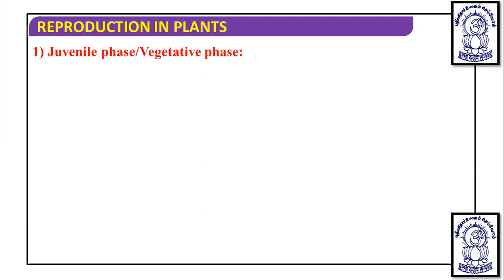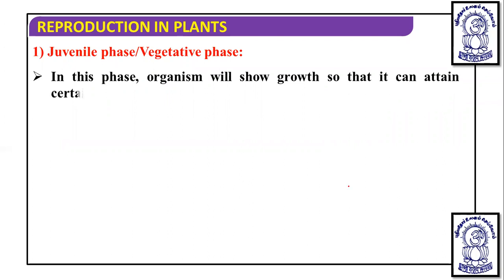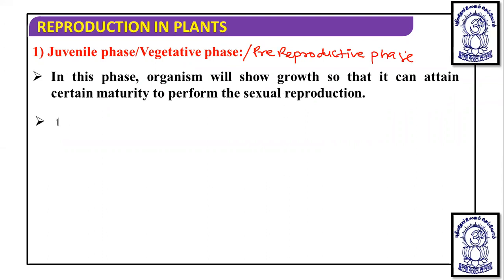Now, when we talk about the juvenile phase, this is the vegetative phase as well, or we can say it is a pre-reproductive phase. During the juvenile or vegetative phase, the organism will show growth so that it can attain a certain maturity.